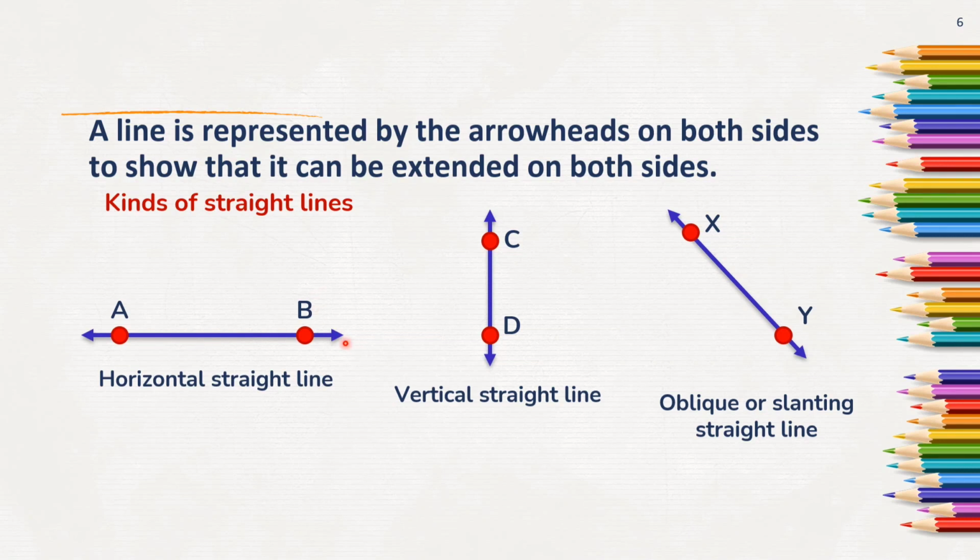If the line has an arrow, that means the line can be extended further. As this line has arrows on both the sides, it can be extended in both the sides. If a line can be extended from both the sides, it is called a line.